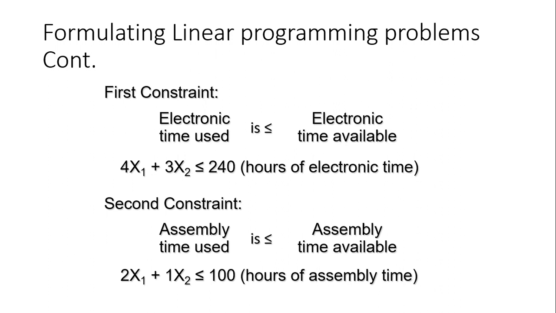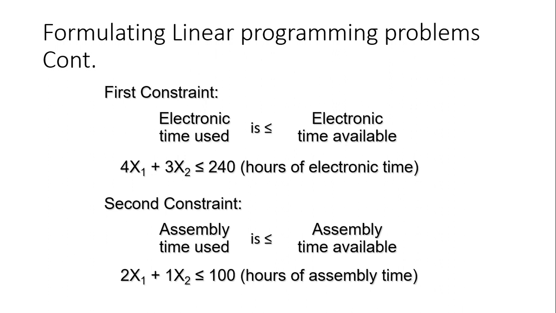As we said before, returning to your table, we found 4 X1, which is 4 working hours to produce an X1 unit, plus 3 working hours to produce an X2 unit. Both X1 and X2 together cannot exceed 240, which is the constraint, and we use less than or equal for maximizing profit.